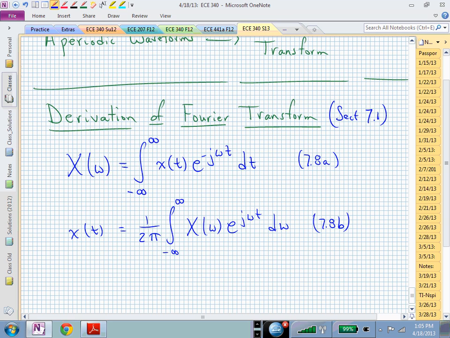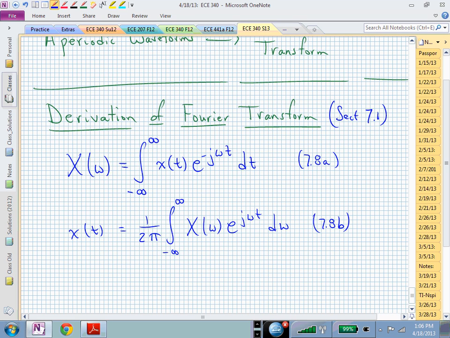And what is happening here? The first one is really telling us the frequency content of your signal x of t. You are taking x of t, some waveform, and let's just pick a frequency. Let's say you want to know how much frequency content do I have at omega equal 10 radians per second. You could plug in omega equal to 10.